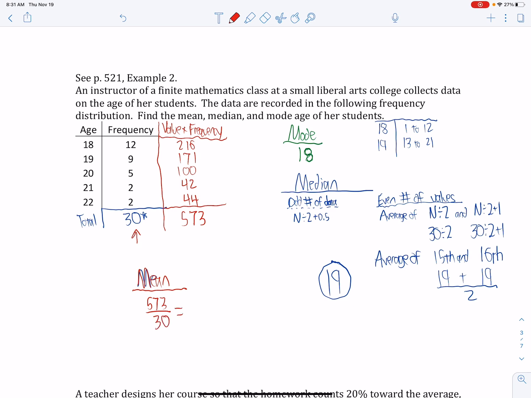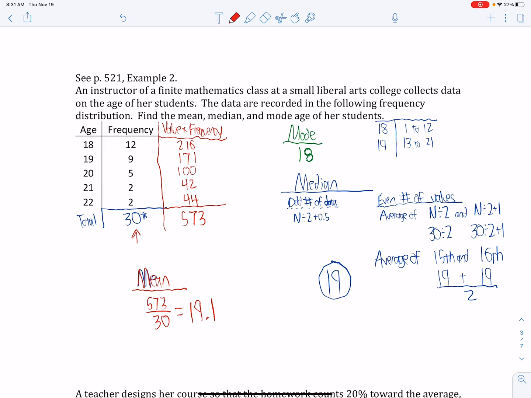So in this case, we have 573 divided by 30, we get the average age of the students in her class was 19.1. So the mode was 18, the median was 19, the mean was 19.1.